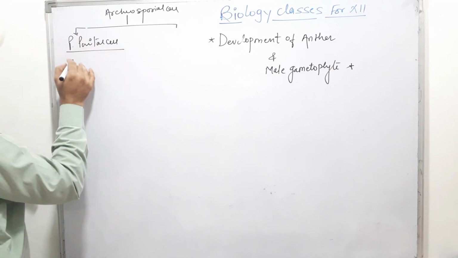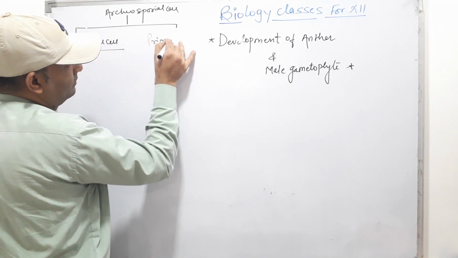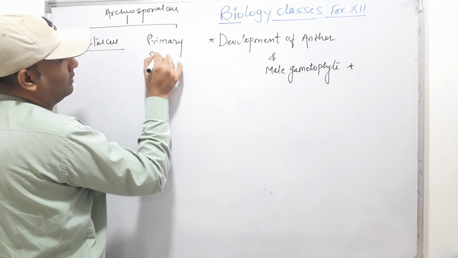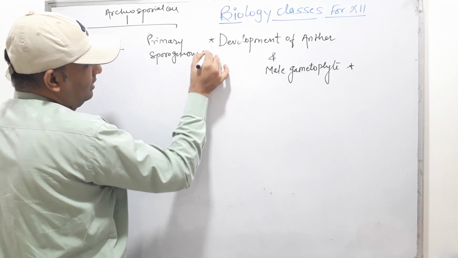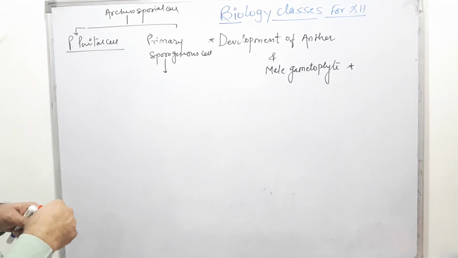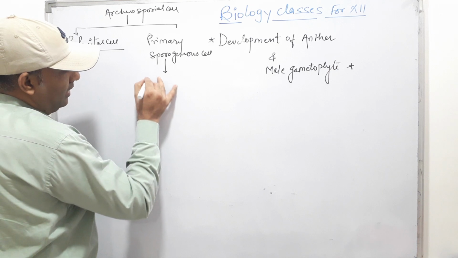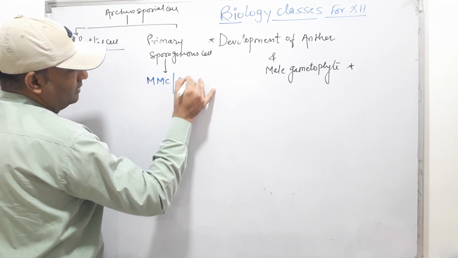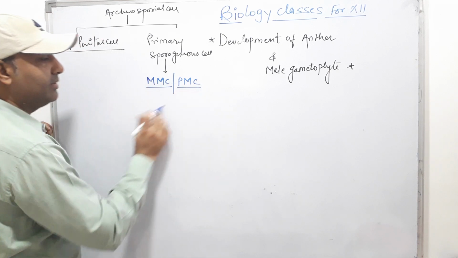We know it produces 3 types of wall. Second is the primary sporogenous cell. Now this primary sporogenous cell produces MMC or PMC. That means microspore mother cell and then pollen grain mother cell.